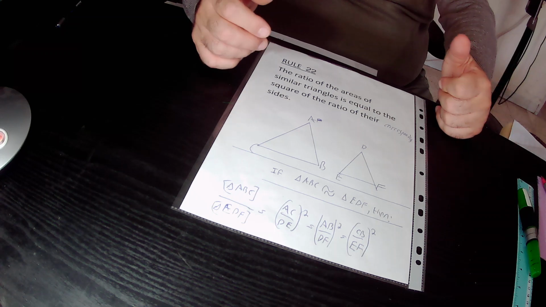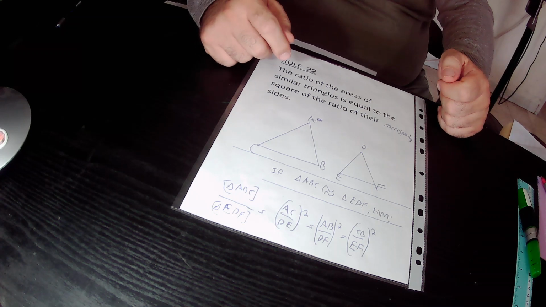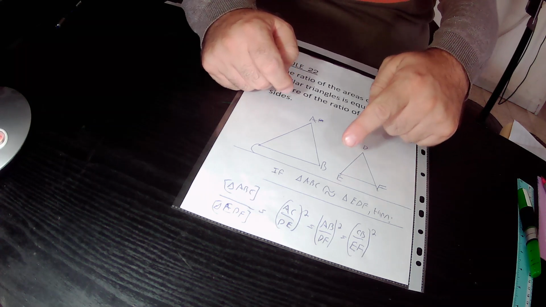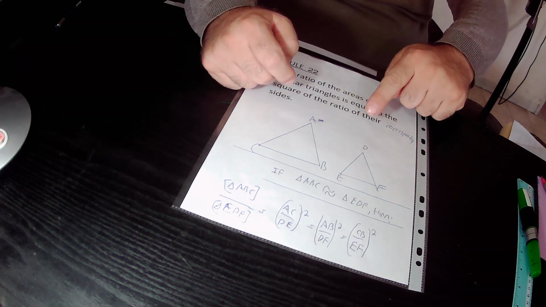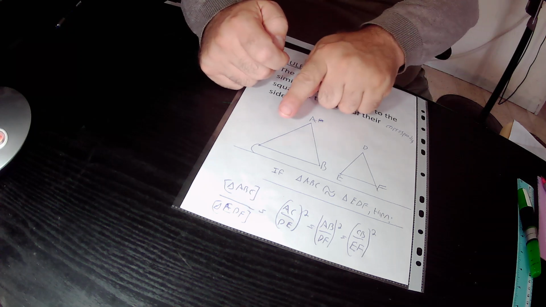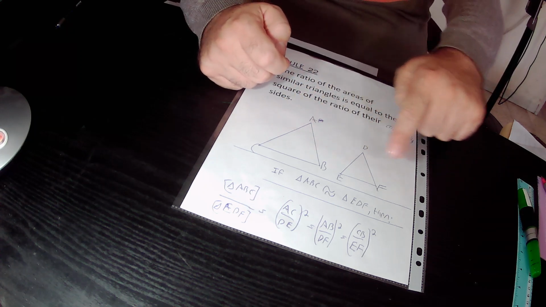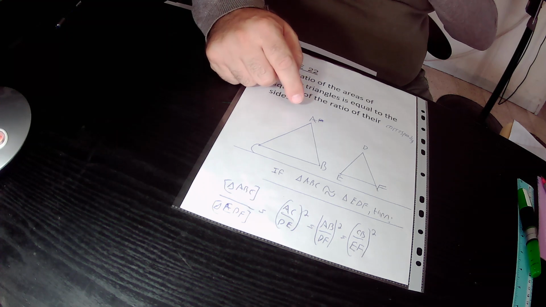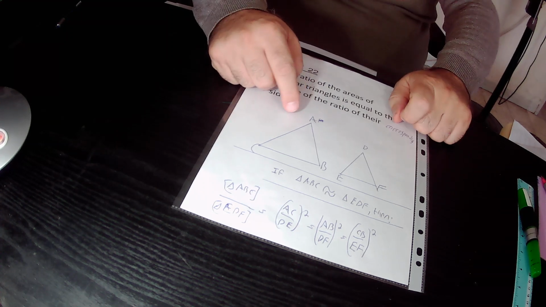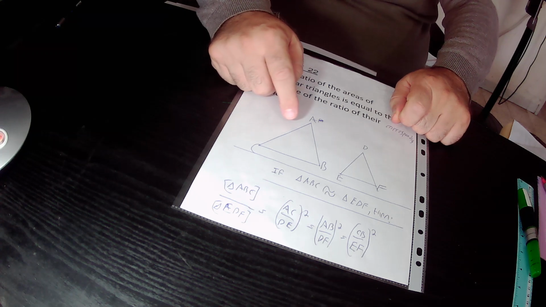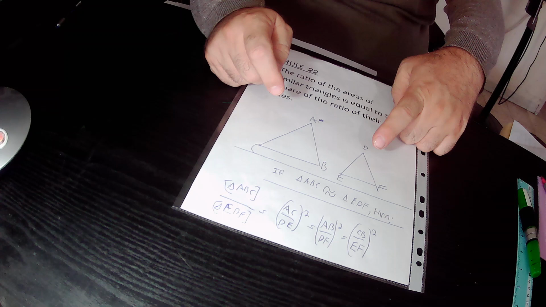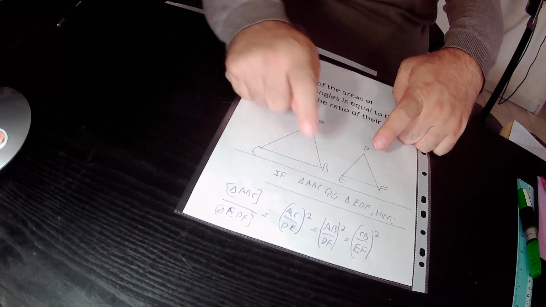And that ratio is equal to the square of the ratio of their corresponding sides. What is the square of the ratio of their corresponding sides? Here, side AC corresponds to side DE, side AB corresponds to side DF, and finally side CB corresponds to side EF. So the square of the ratio of those two corresponding sides AC and DE is AC over DE squared.